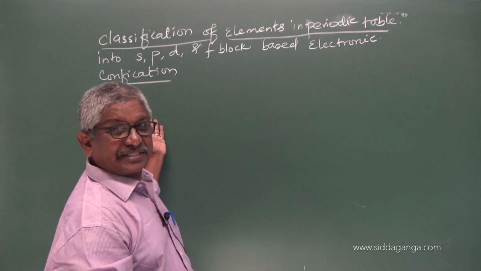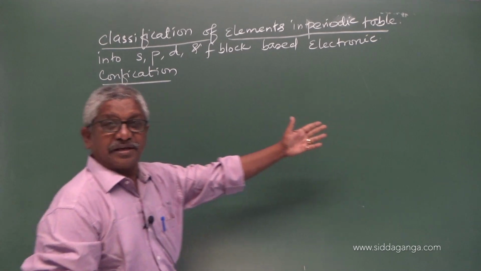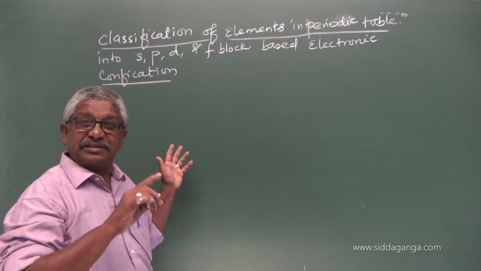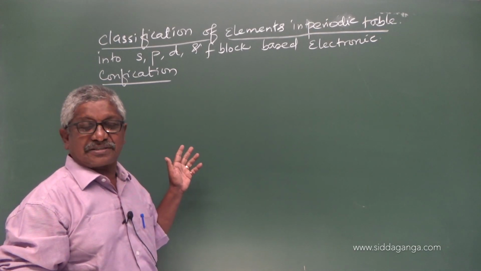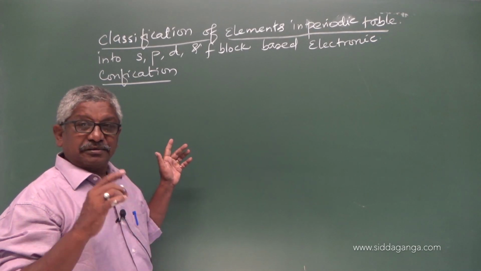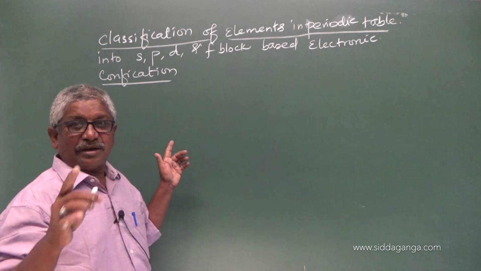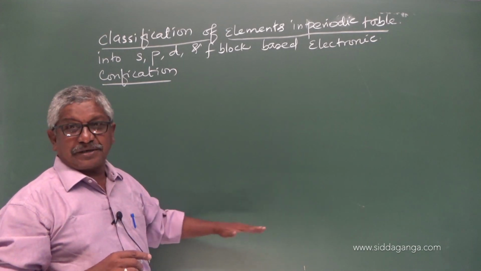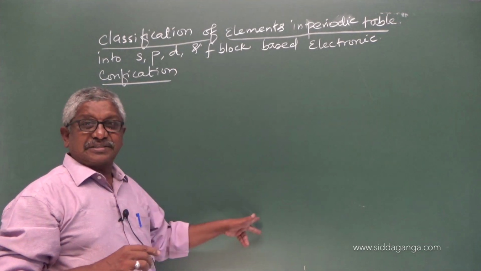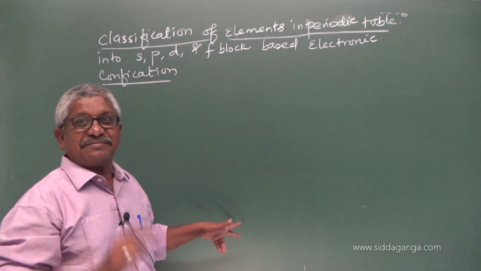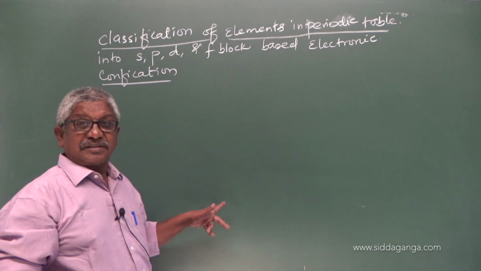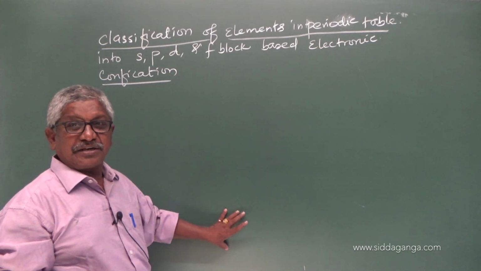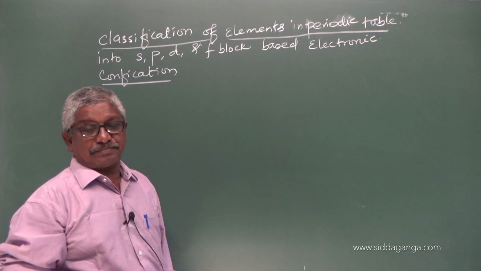In between S and P there is a D block, called transition elements, which gives colored and complex compounds. Below the periodic table, the 6th and 7th period part is called lanthanides and actinides, that is called F block elements.